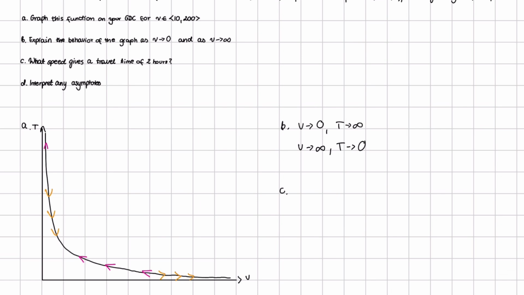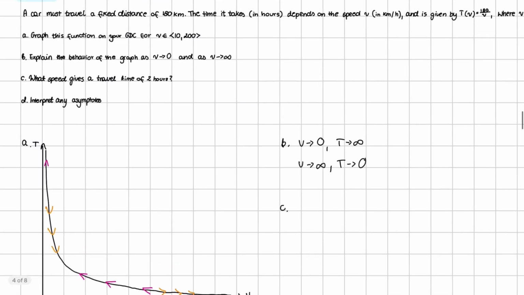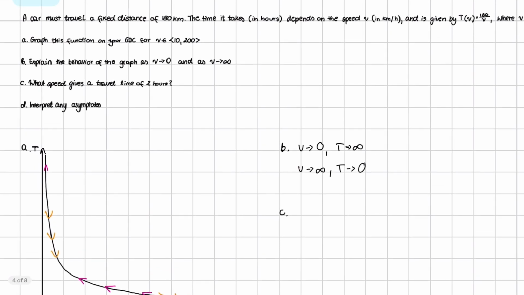C. What speed gives a travel time of 2 hours? We are given the time, so 2 equals 180 over v, because we have to look for v, the speed.